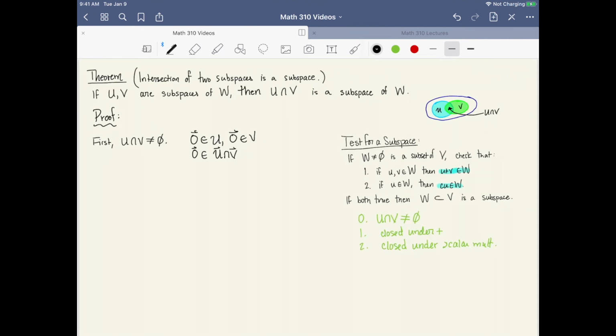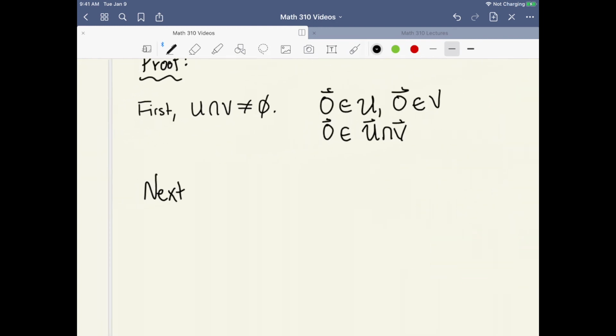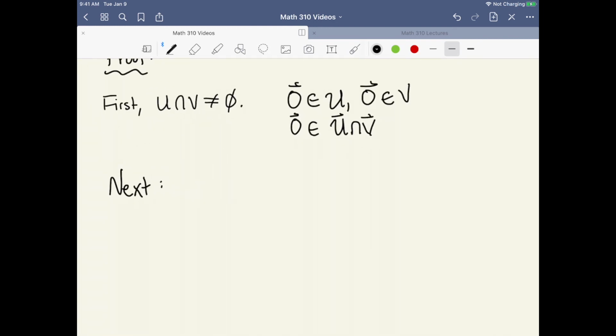Next, we're going to check 1 and 2, the closure under addition and scalar multiplication, simultaneously. So for this, what we would like to do is take 2 things in U intersect V, and make sure we can add them together and scalar multiply them and remain in the same place.